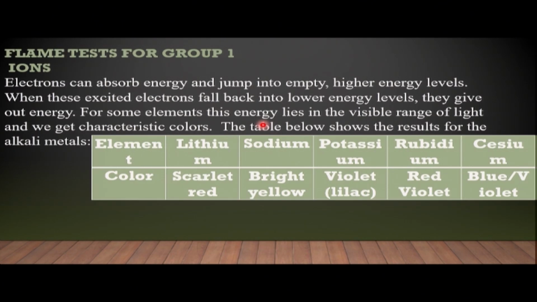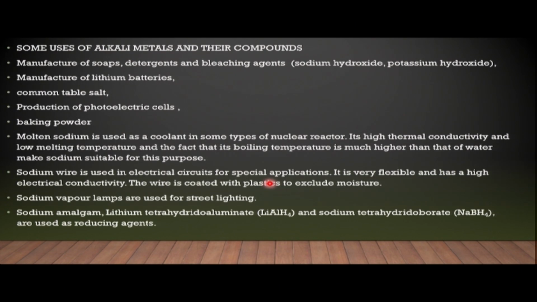We also have the flame tests. Flame test of group 1: when these elements are tested on the flame, they have different colors. We have seen that when we were discussing the physical properties of these elements. So you should always remember this. And here we have the uses of group 1 metals and their compounds.